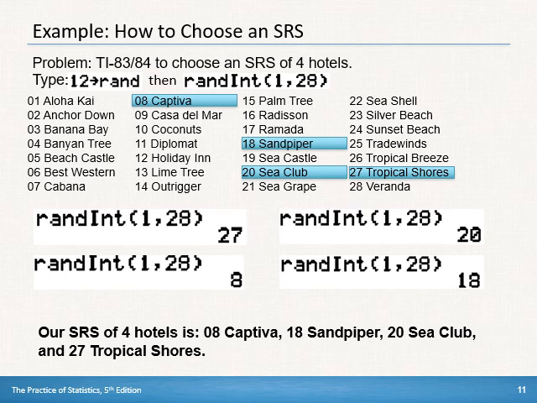It's not like, oh wait a minute, we got a different sample. We would expect that. All right, so we got 27, 8, 20, and 18. Those are the randomly generated numbers between 1 and 28. And then we would go and use those 4 corresponding hotels as part of our sample.